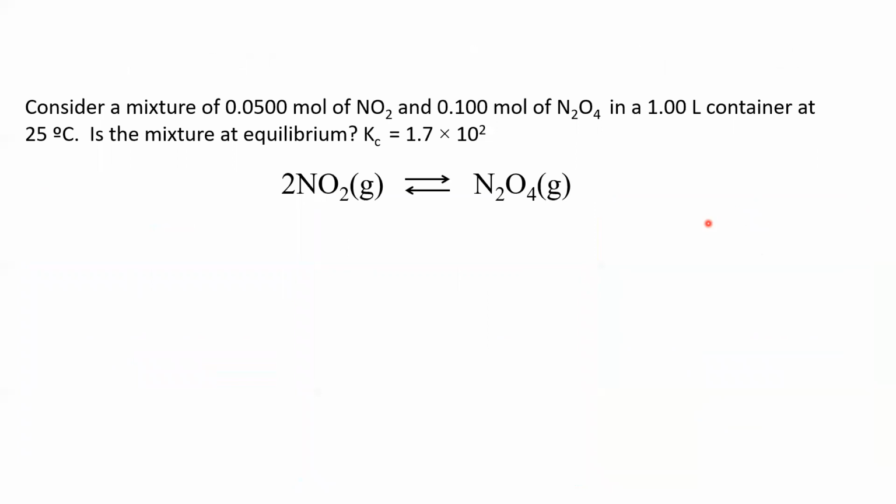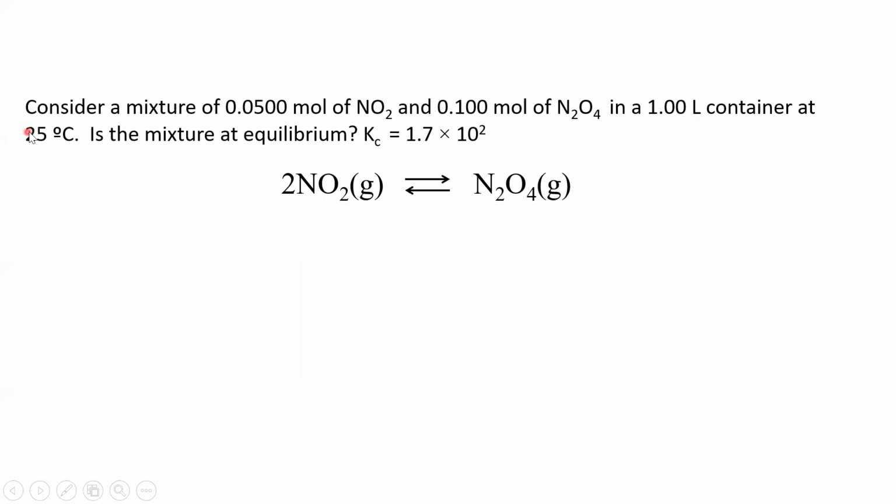Okay, so let's apply this. We're given a reaction here. The arrow in two directions tells us that we have a reversible reaction, which will spontaneously reach equilibrium. The question tells us that we have 0.0500 moles of NO2 and 0.100 moles of N2O4 in a 1 liter container at 25 degrees Celsius.